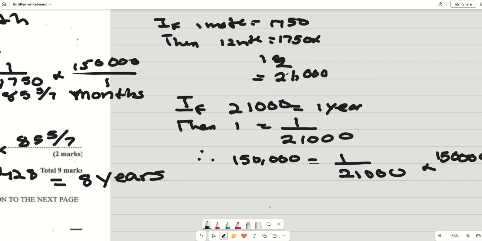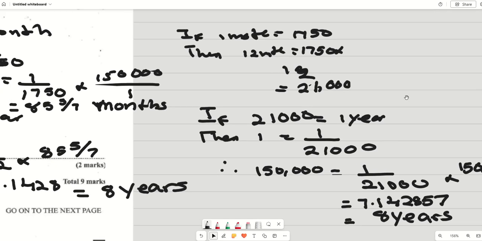When you do it like this, the second method, you're still going to get 7.142857. You can't have this as years. They're asking for the minimum number of years, so this is going to be 8 years. And that is how you would do this question the second way.